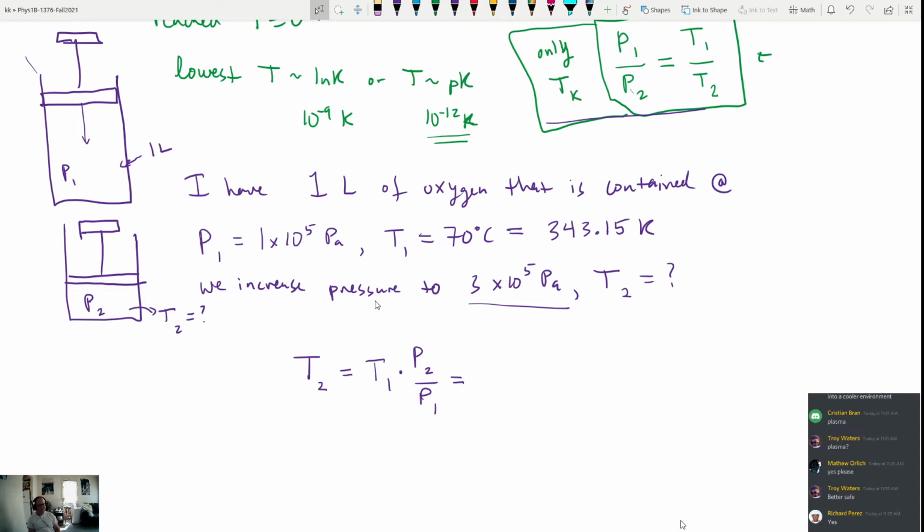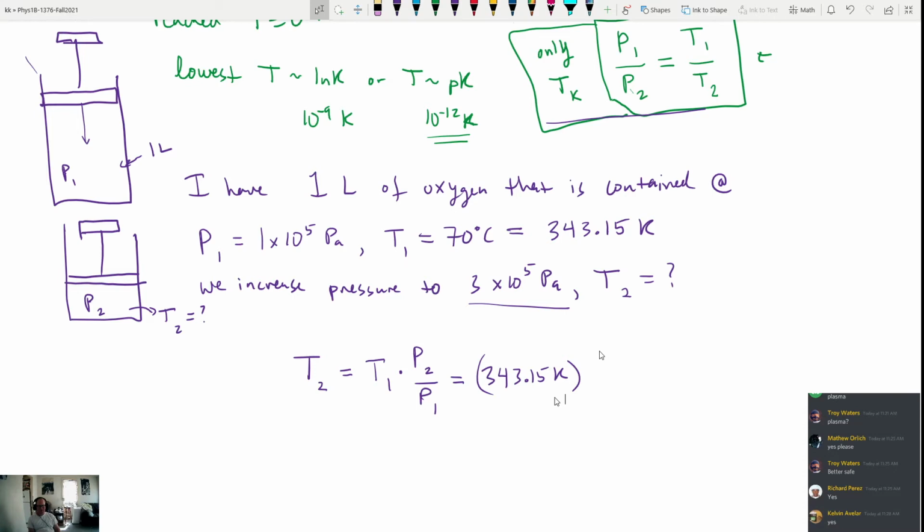Are you answering me, Richard? Okay. So that's our temperature, so we put that in here for T1. Pressure we can leave in pascals, because 0 pascals means no pressure, right? So we don't have to change that. Pascals is already an absolute measure of pressure.